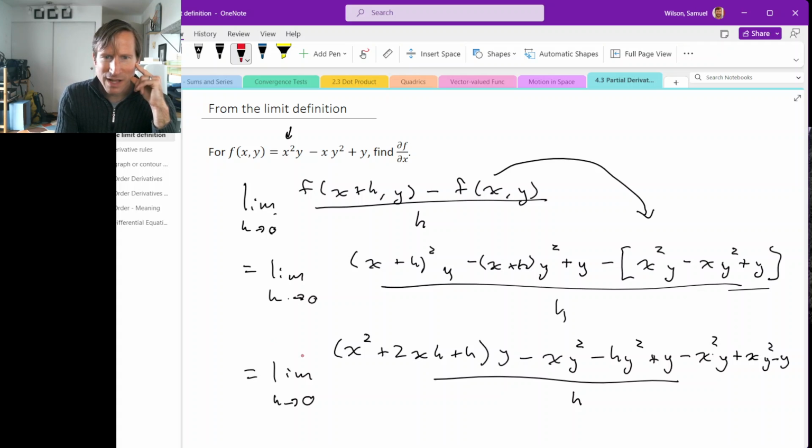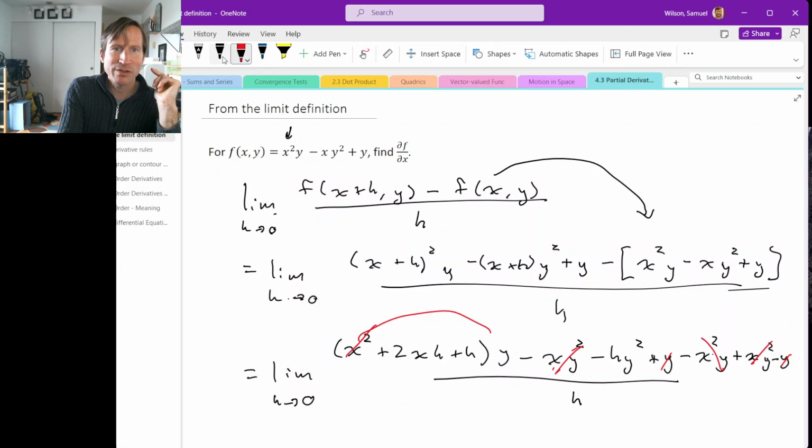So there's an x squared y right here, and that cancels this minus x squared y. And then the minus xy squared there cancels the plus xy squared here, and then there's a plus y here and a minus y there, so those cancel.